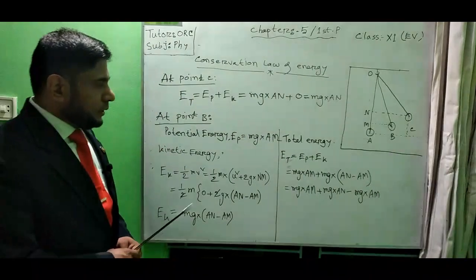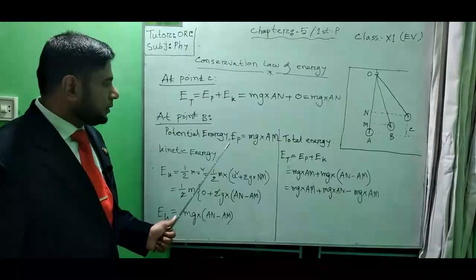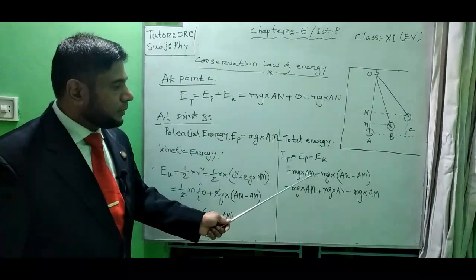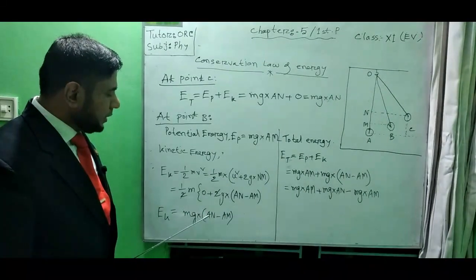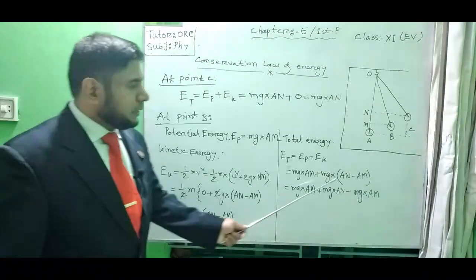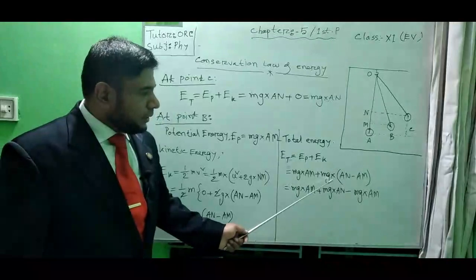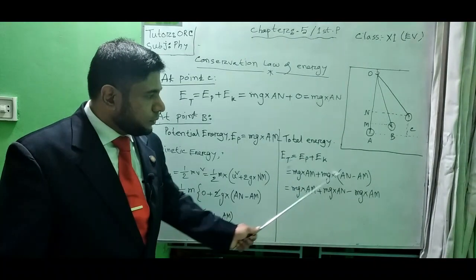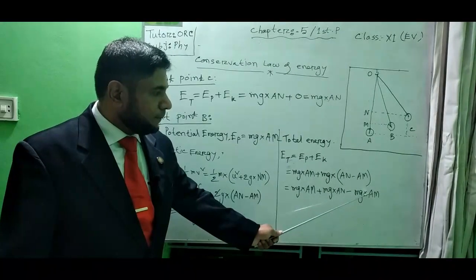So again students, carefully: at position B the potential energy was mg into AM, and the kinetic energy was mg into AN minus AM. After multiplying we have mg into AM plus mg into AN minus mg into AM.